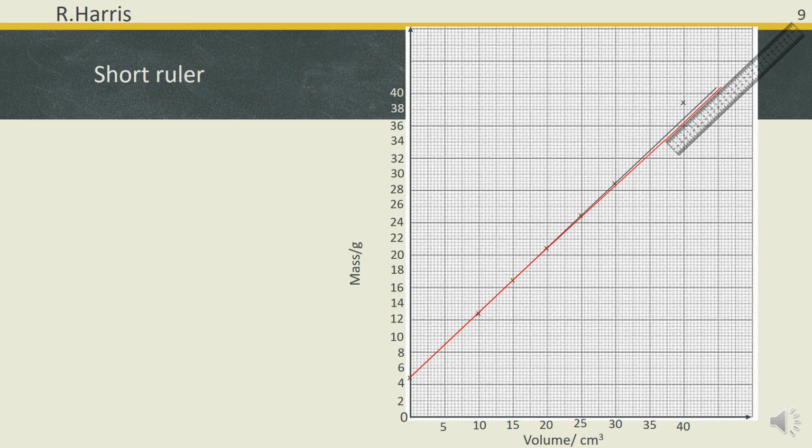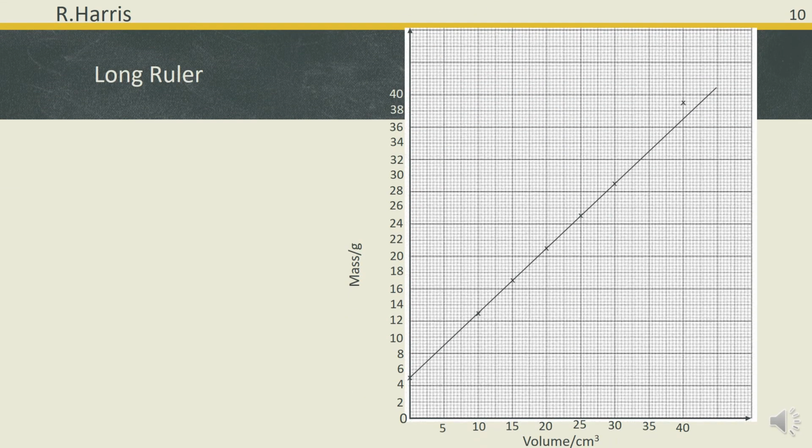You would recognize that that red line can vary from person to person. And when we compare that red line to the black line, which we originally had, you recognize that there are some errors. This is why we use a long ruler.